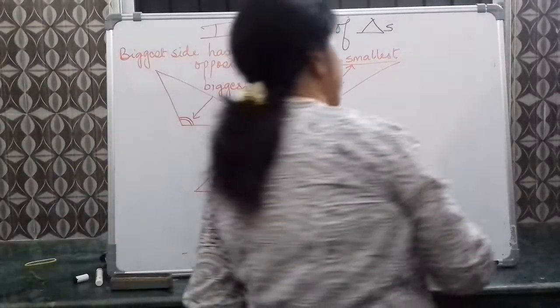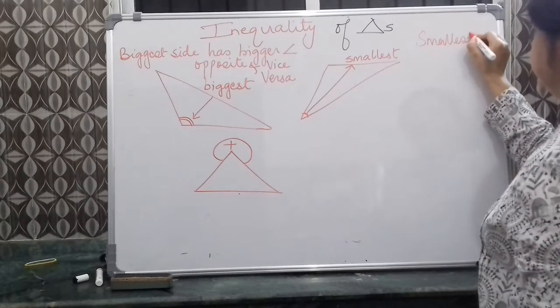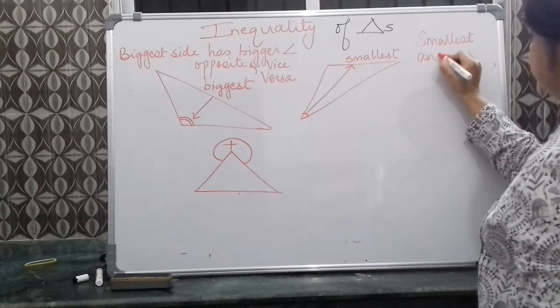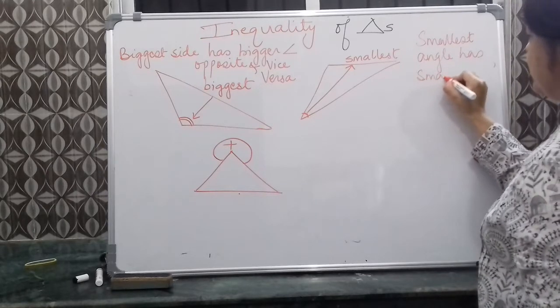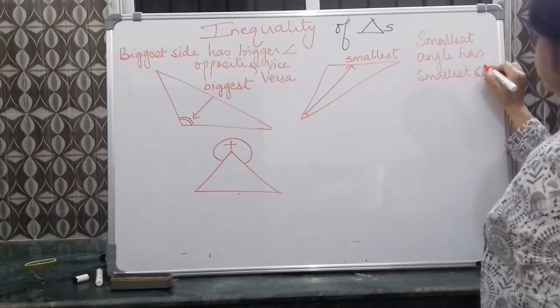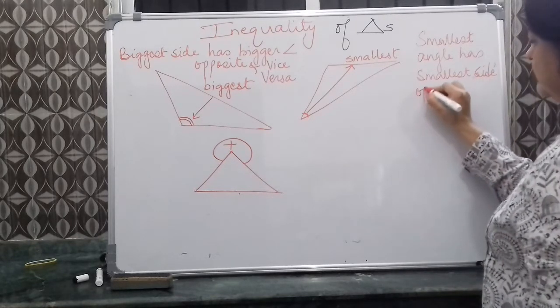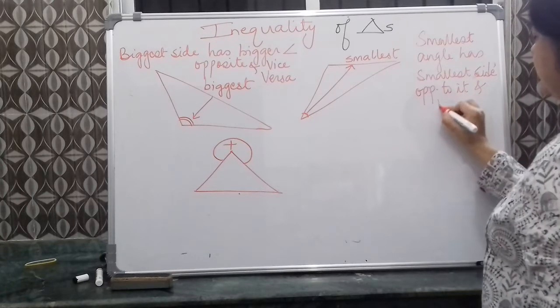Similarly, smaller angle or smallest angle has smallest side opposite to it, and vice versa.